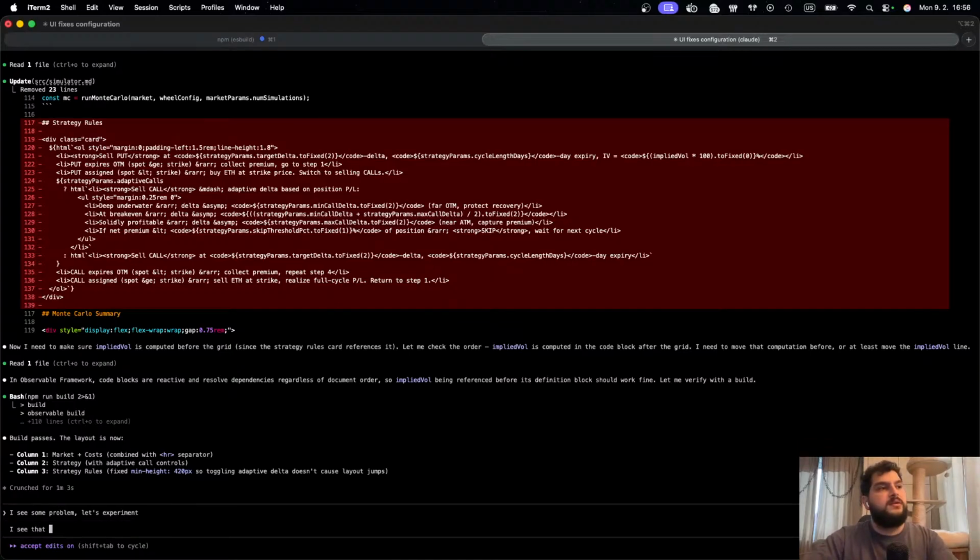I see that during the trade, if we are assigned a put, it immediately calculates the price difference, market price minus strike price, and it drops the P&L, but it's unrealized P&L, right?